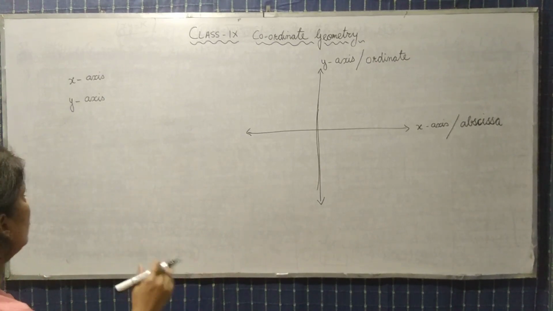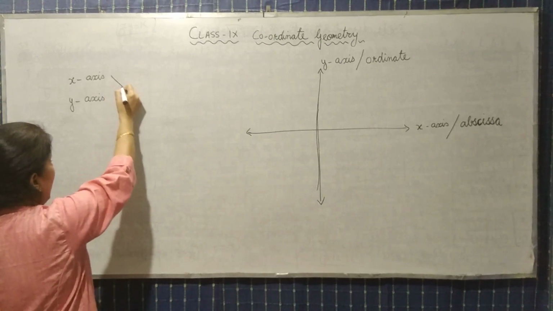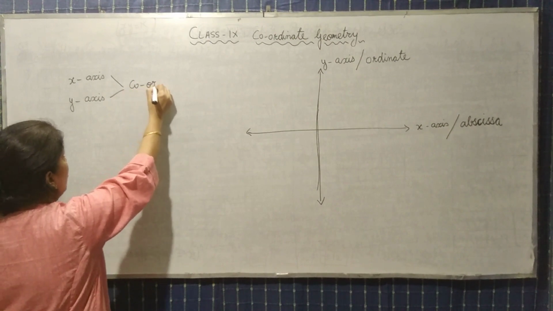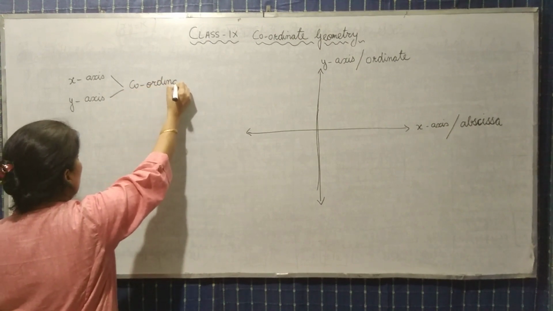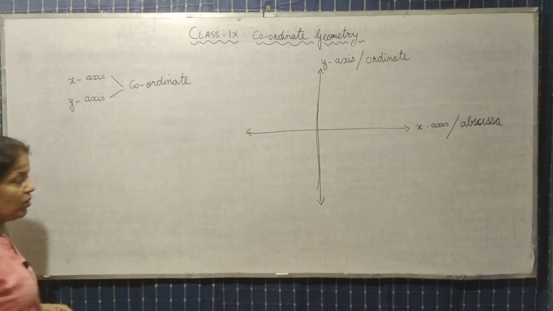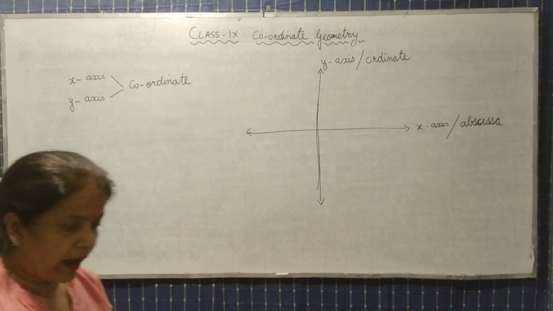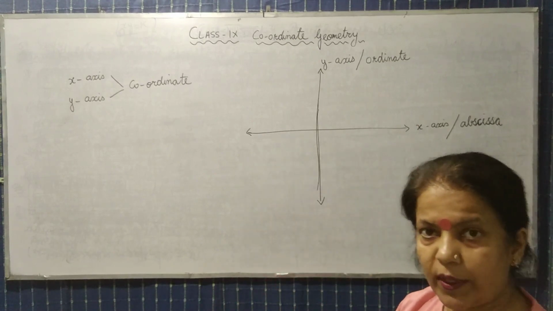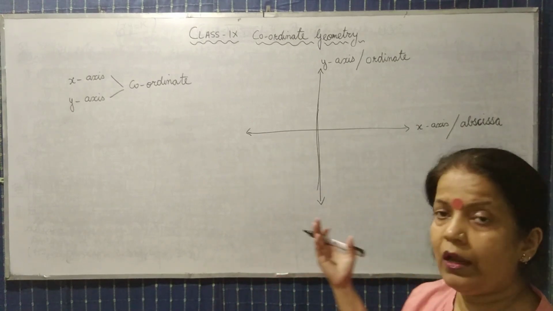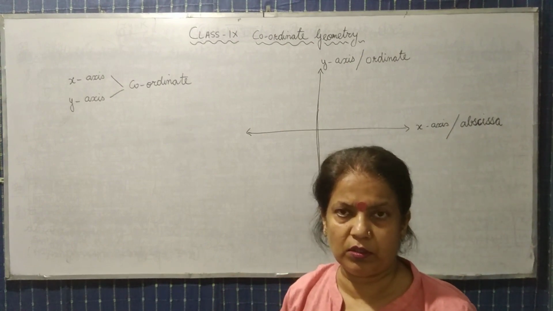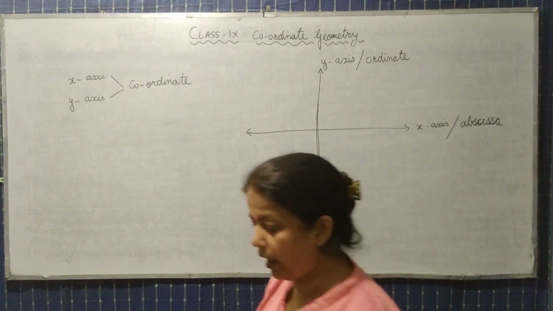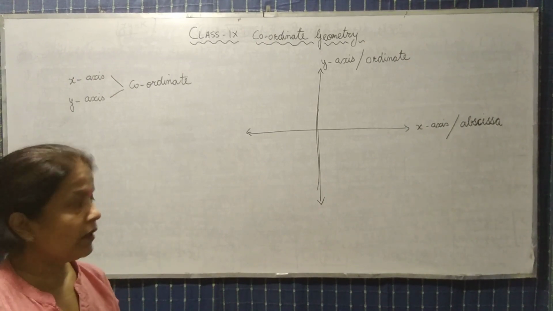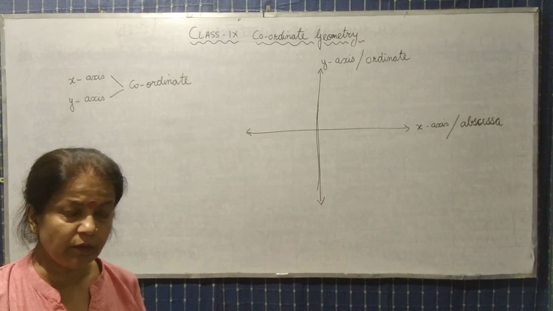Now this y-axis and x-axis together make coordinate, or we can say abscissa and ordinate दोनों मिलकर coordinate कहलाता है. Is it clear?